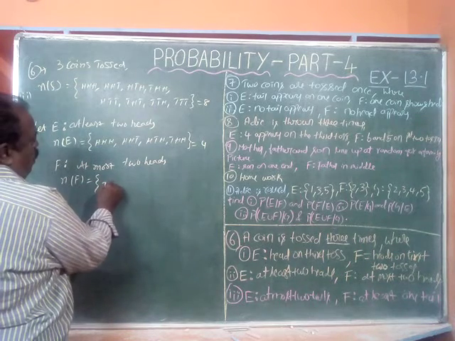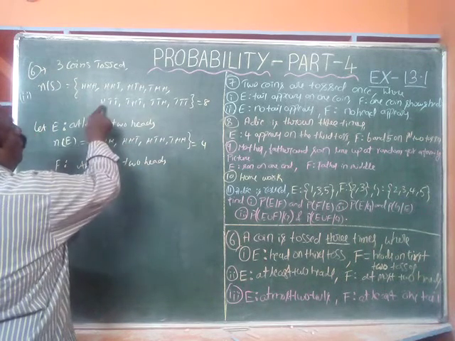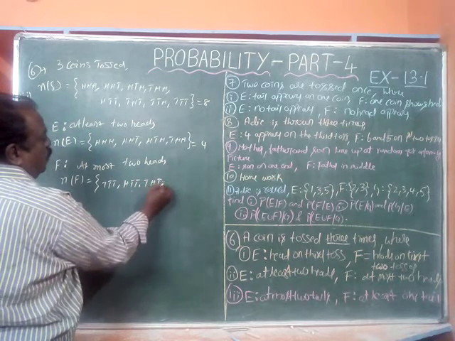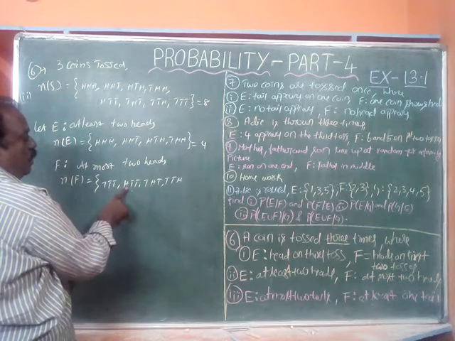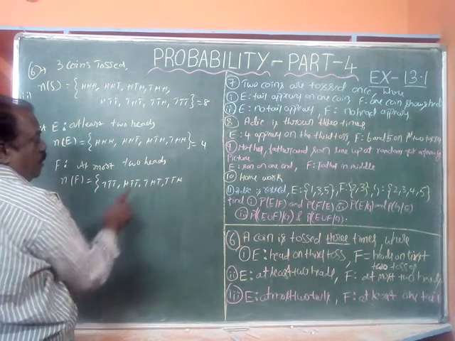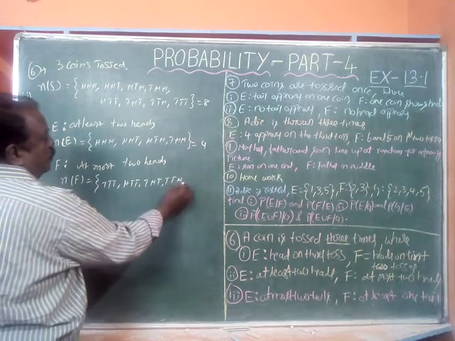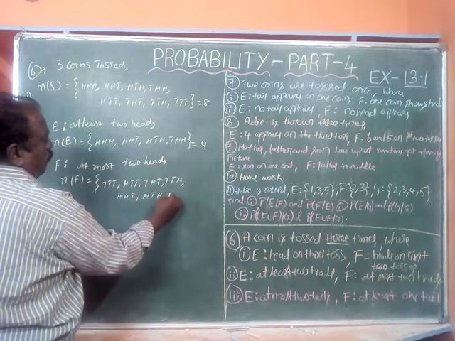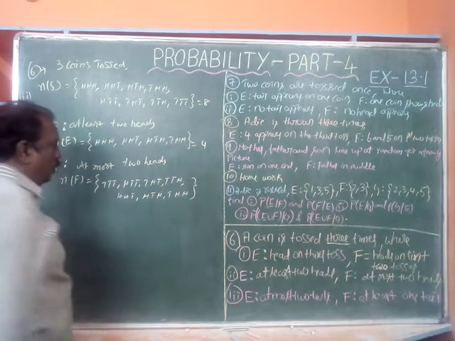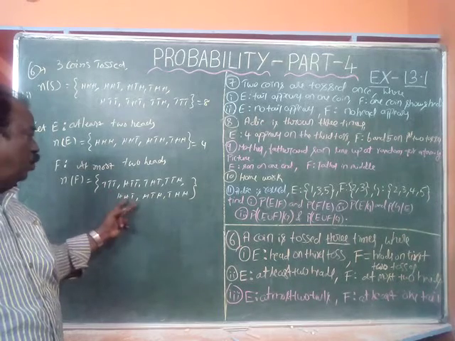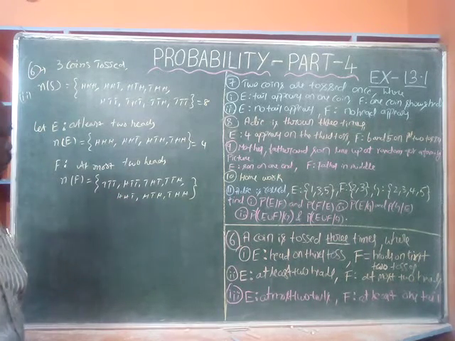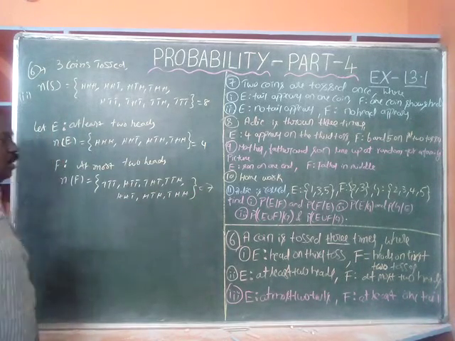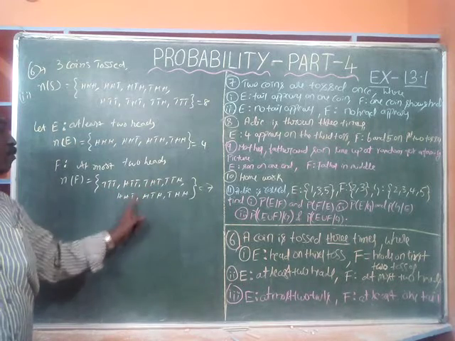So 0 heads means all tails. 1 head and 2 tails has 3 types, with the order different. 2 heads also has 3 types. So no head, 1 head, 2 heads, that is the event. It is 7 ways: 1, 2, 3, 4, 5, 6, 7.